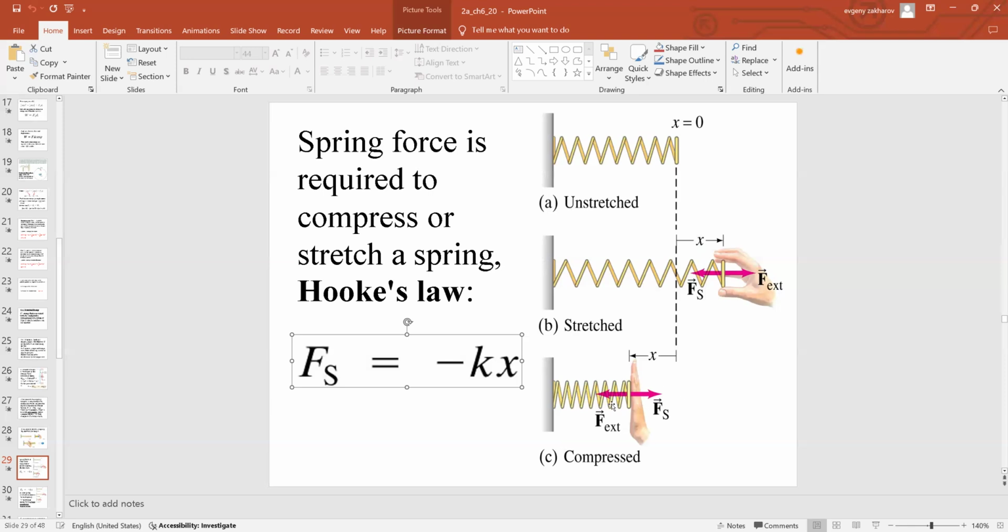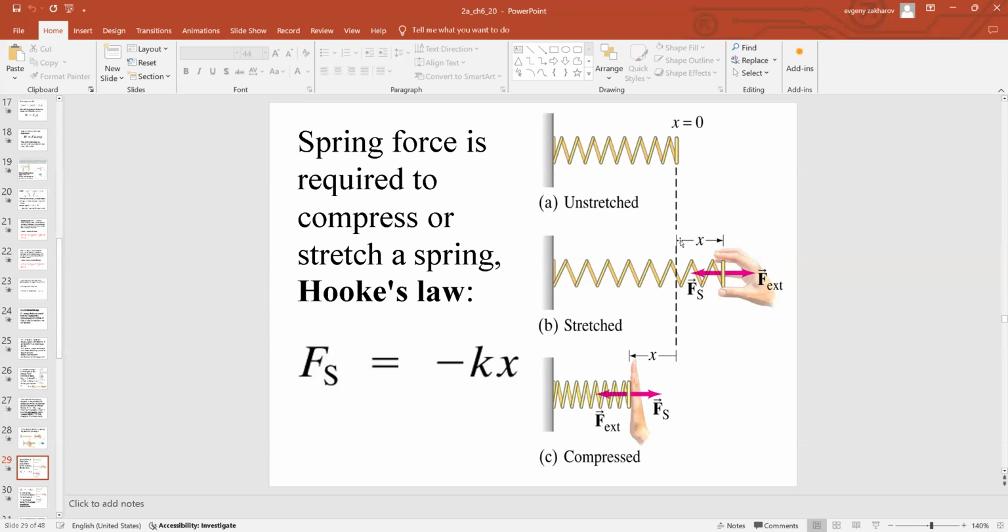And sometimes the question is, how much of a spring force do we have, or how much of an external force do we have to apply? And the difference is, one is a positive, the other one is a negative. Make sure you answer the question correctly on which force we are talking about. And X is just the amount of stretching.